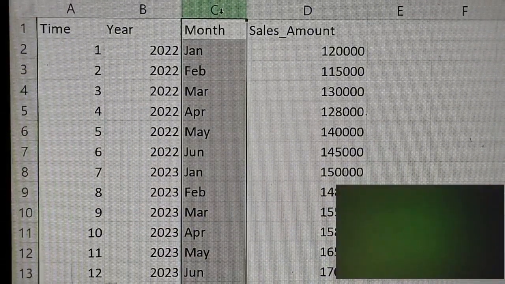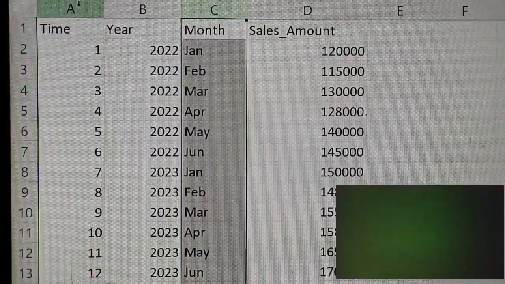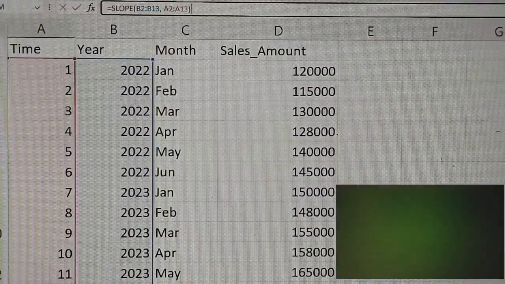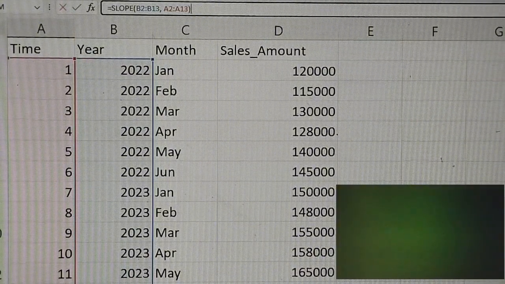In Excel, first I calculated the slope using the slope function.